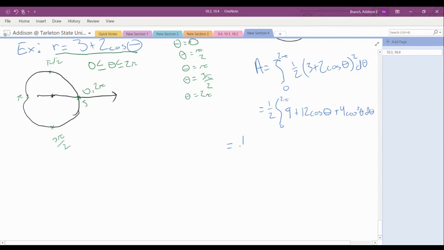So I'm going to expand this out a little bit. We're still going to keep our first two terms the same, but our third term, we have to do 4, and we remember that cosine squared of theta is equal to 1/2 times 1 plus cosine of 2 theta.